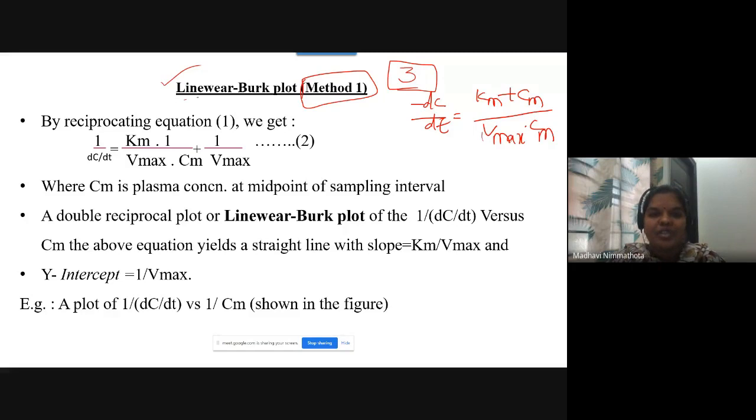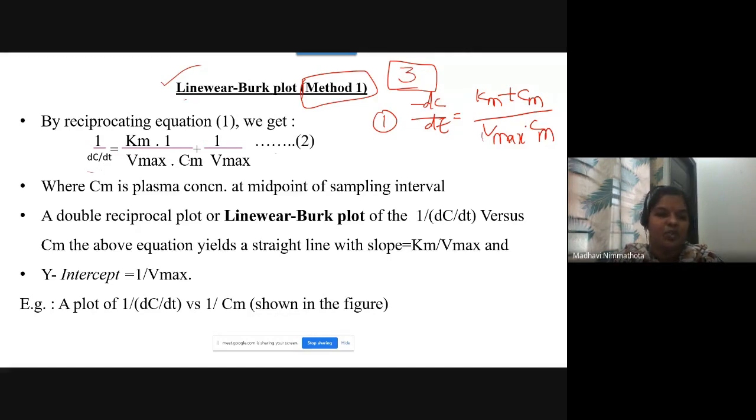So the first method is the linear Burke plot, that is method 1. First you can write this equation. This is equation 1. From this equation you take the reciprocal. If you take the reciprocal of this equation, you will get this equation.